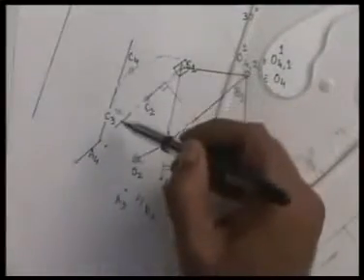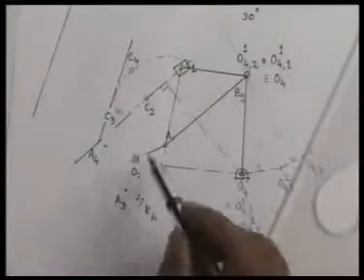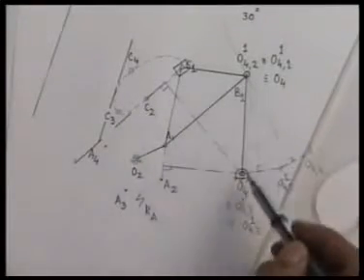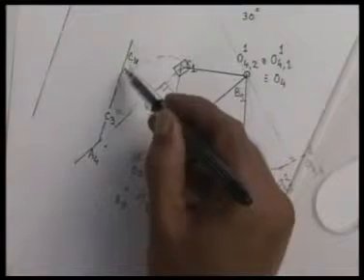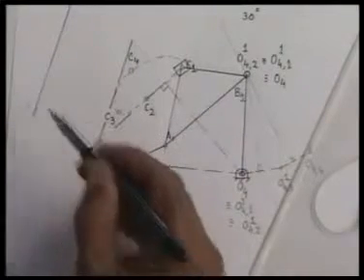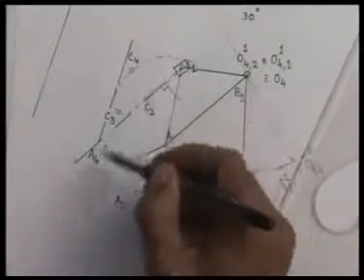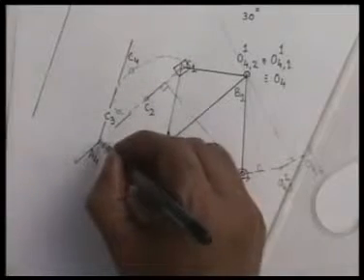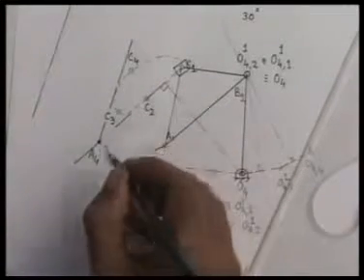This line is tangent to this coupler curve, which is generated by this 4R linkage, namely O2ABO4, and this line is parallel to the line which was at an angle of 30 degree to this line. So the location of O6 should be here.